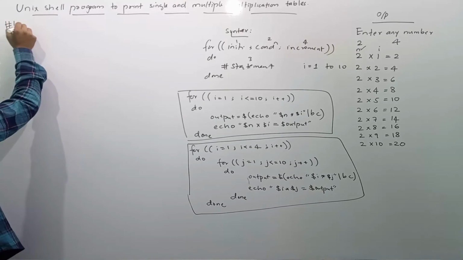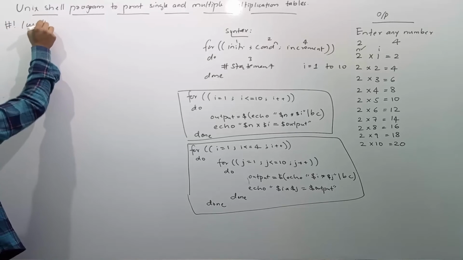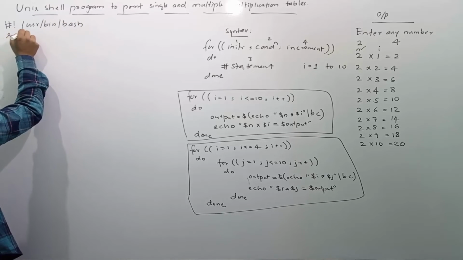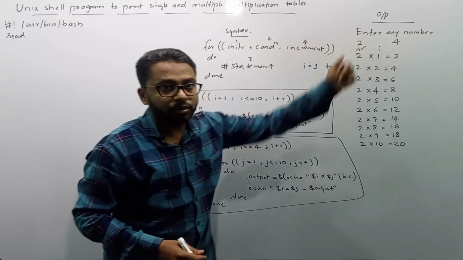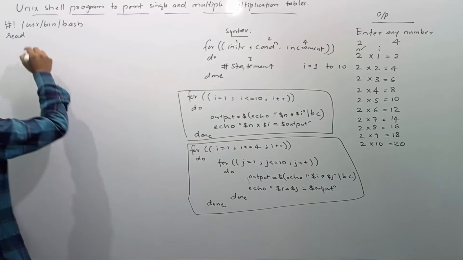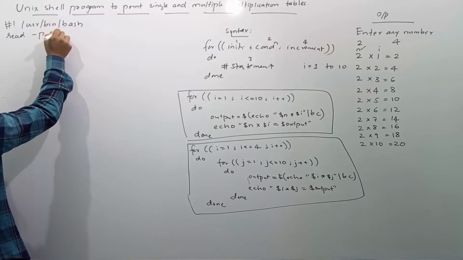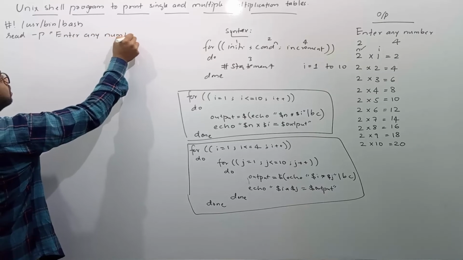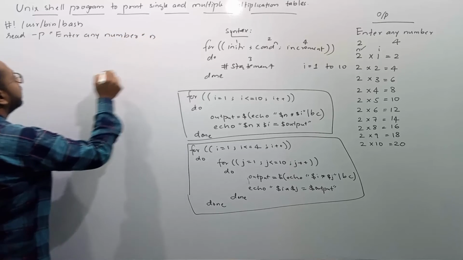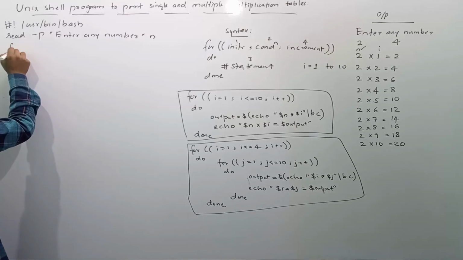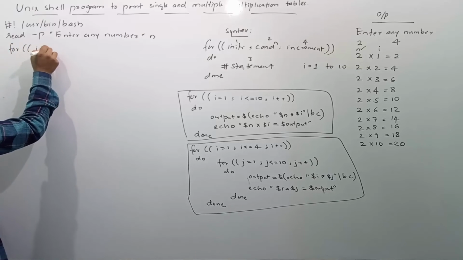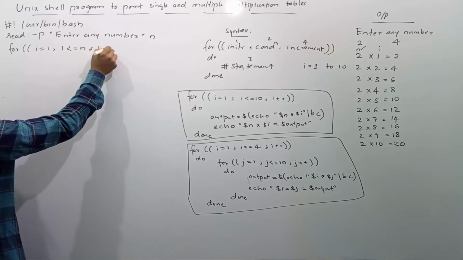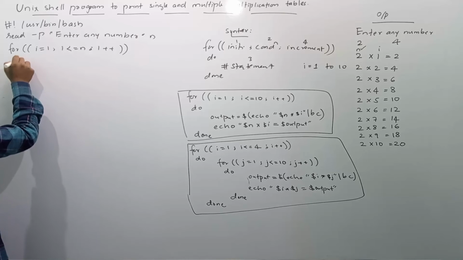Start with the shebang statement, usr bin bash. I want to take the input by showing the message: read space hyphen p space, enter any number, let's say n. And I will start for I equals 1, I is less than or equal to n, I plus plus, do.